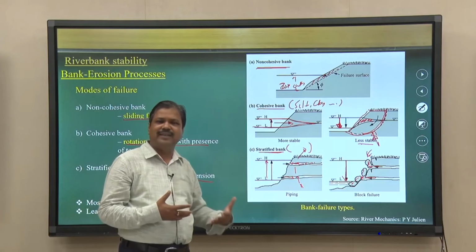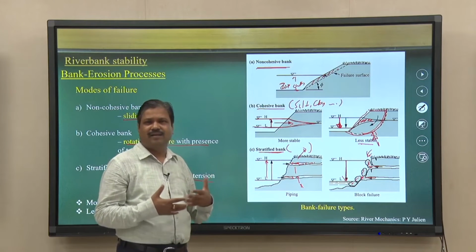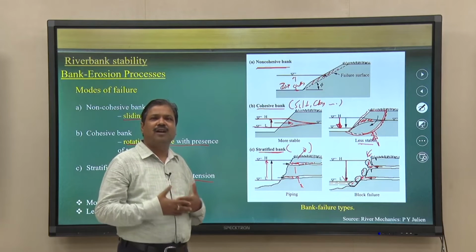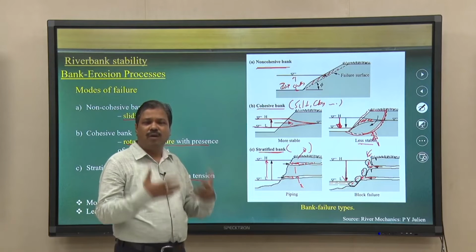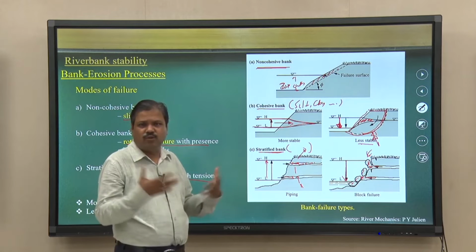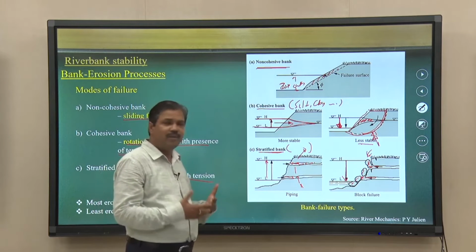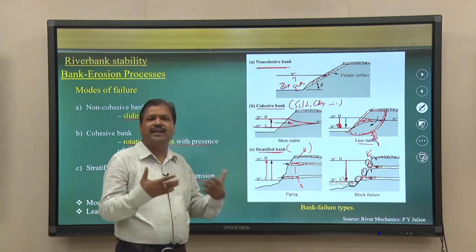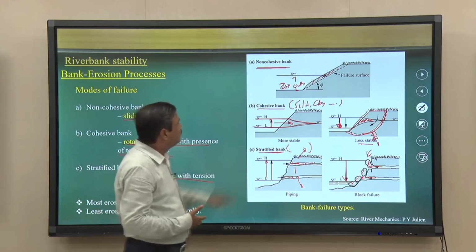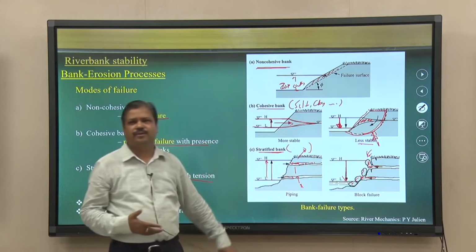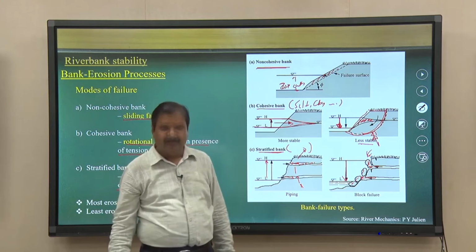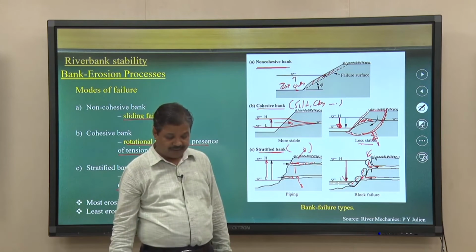That means you are strengthening the river bank by revetment or any process, or you are modifying the hydrodynamic characteristics near the bank. These are two processes you try to do, but before implementing any river bank protection work, we should visit the field and understand what type of bank erosion process is happening, which is more important before designing any river protection work.